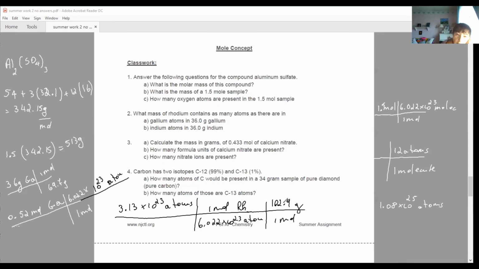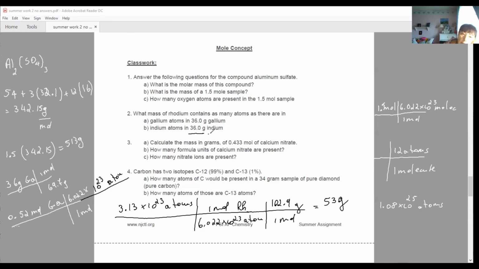This is about 1/2, so 3 times 10 to the 23rd over 6 times 10 to the 23rd is basically 1/2, so 102 divided by 2. So it's about 51. If you do all the calculation instead, this is 53 actually. 53 grams.